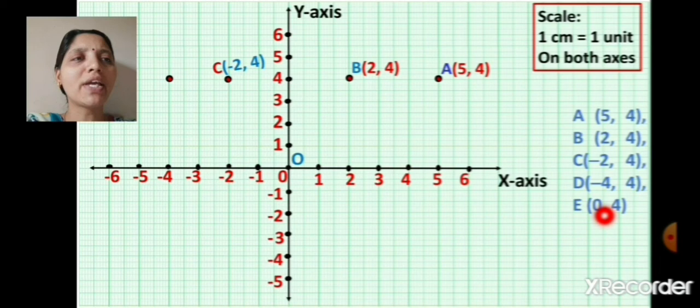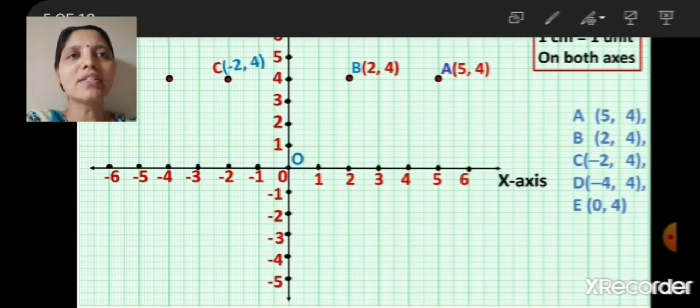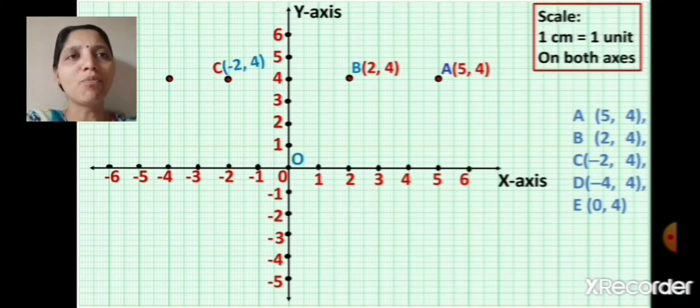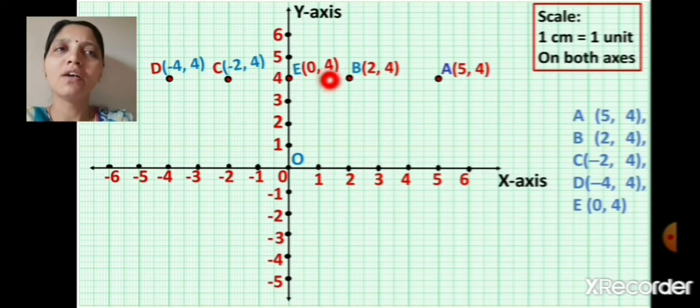The last point we have is point E with the coordinates 0 and 4. Now the x coordinate is 0 and y coordinate is 4. Now we know that if your x coordinate is 0, then this point will lie on the y-axis. So on the y-axis at point 4, we have to write the point E with coordinates 0 and 4.